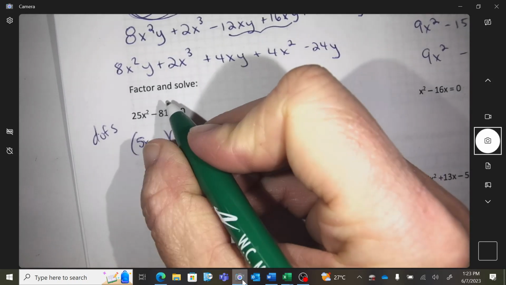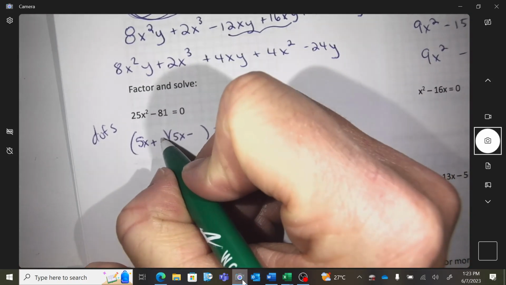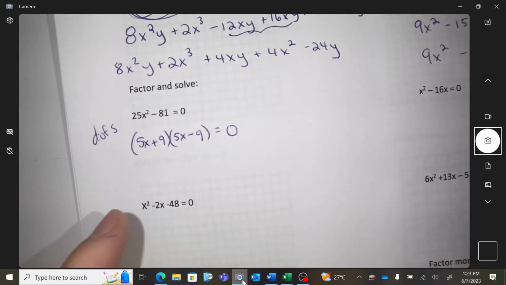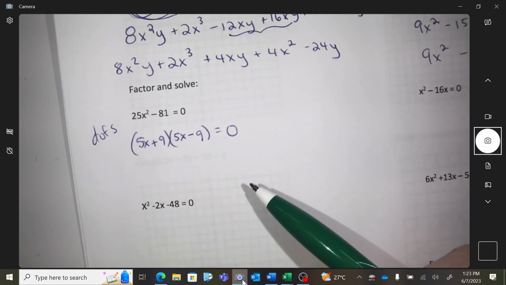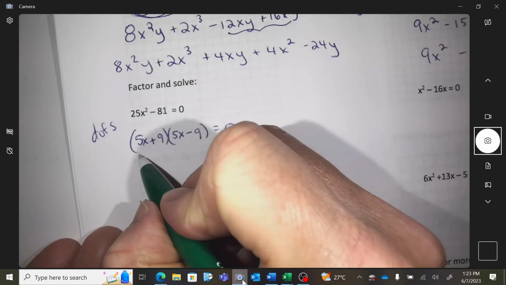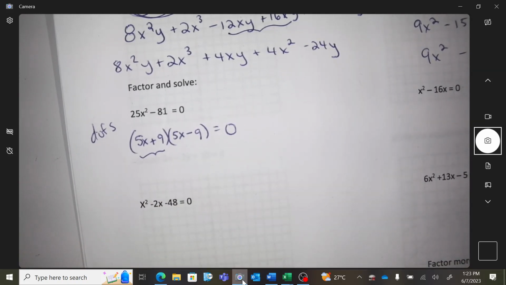Plus, minus, and then you're thinking what times what makes 81, and you want it to be itself. Okay, this also is a solving, so do you see how I carried an equals 0? What is the solution? What makes that 0?